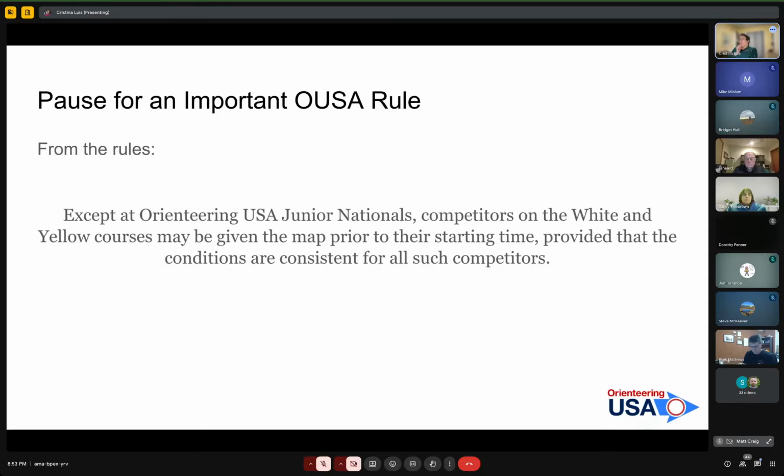But I wouldn't be that worried about it for my big events if everybody gets to see the white course the day before. That doesn't really feel like it ruins the fun for the advanced runners. But I guess I should have asked that first. Are we talking about strictly the map or the map with a course on it?